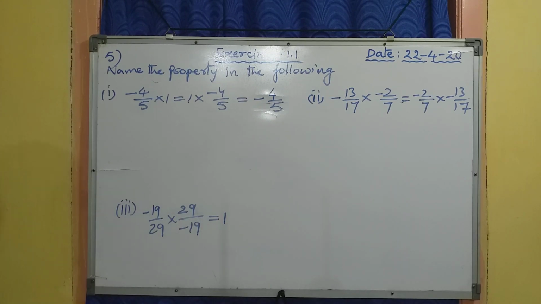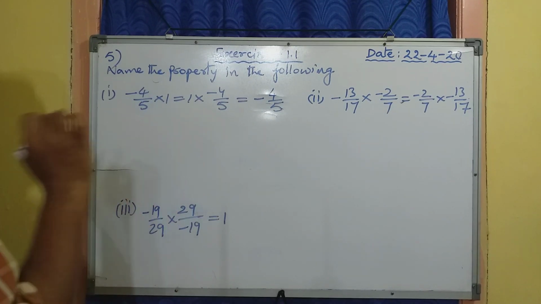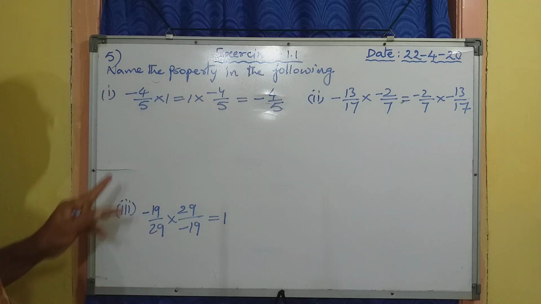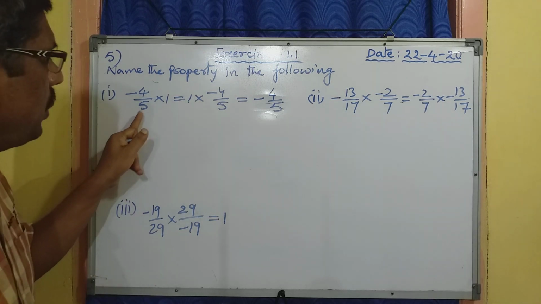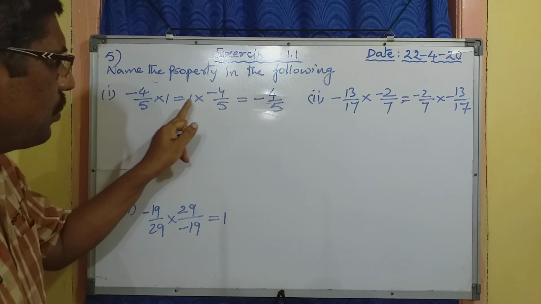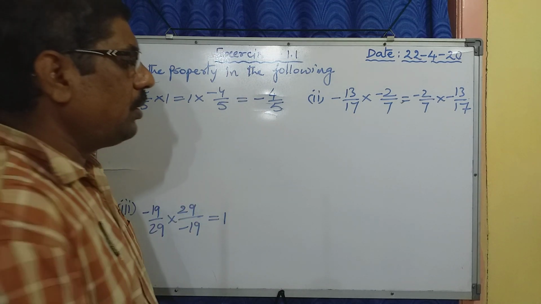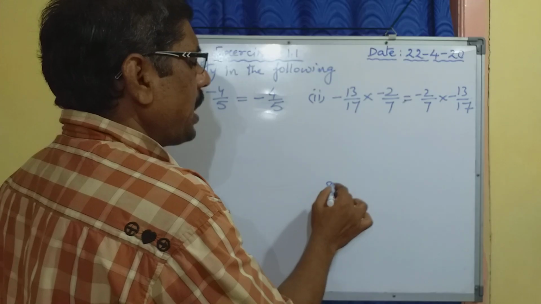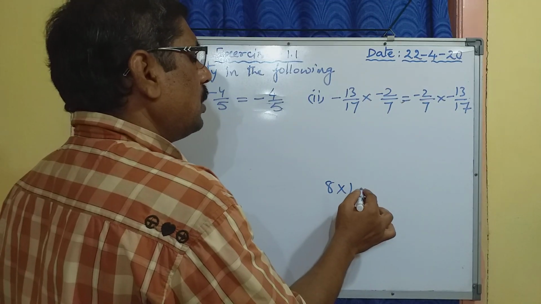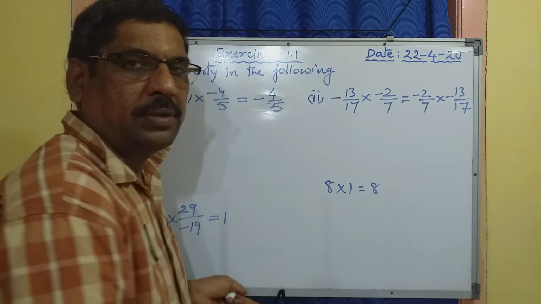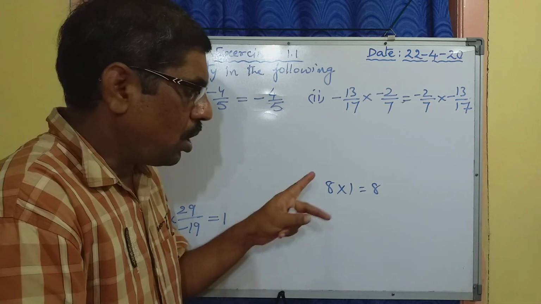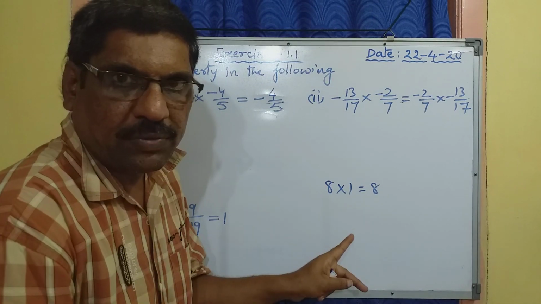Now the 5th Roman, name the property in the following. Now look at this. Minus 4 by 5 into 1 is equal to 1 into minus 4 by 5 is equal to minus 4 by 5. For example, if you have taken 8 and multiplied with 1, you will get 8 again. There will be no change of 8 if you multiply with 1.